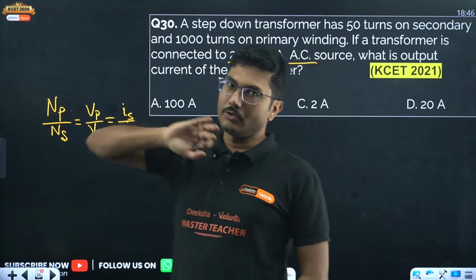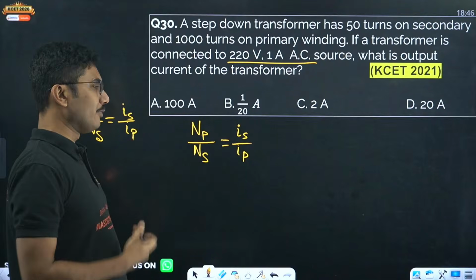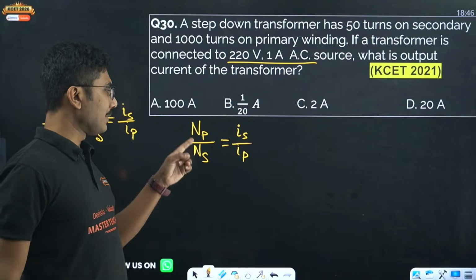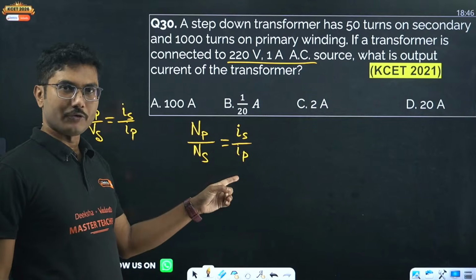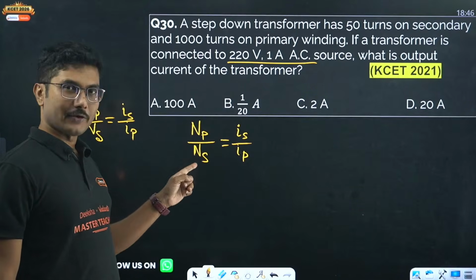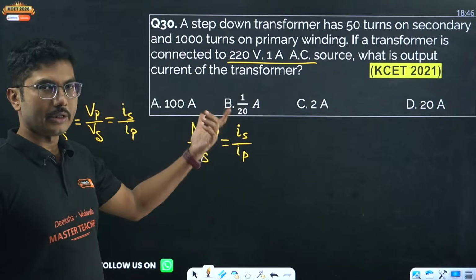Remember this. If you forget: primary by secondary for turns, primary by secondary for voltage, secondary by primary for current. So the order is inverted.